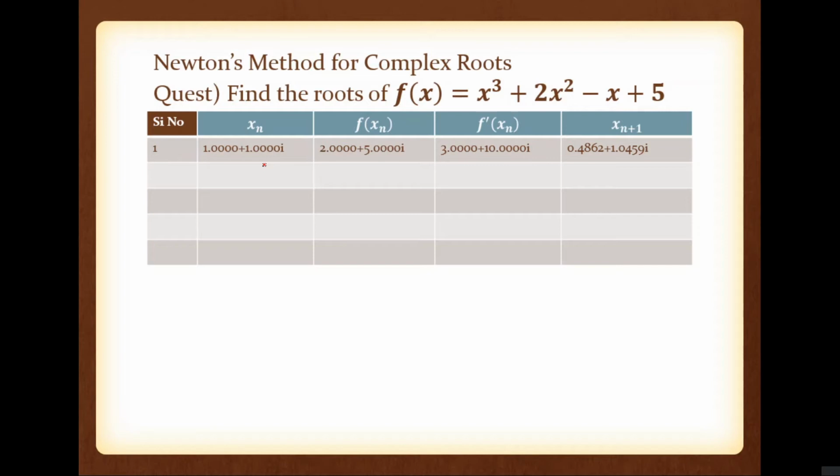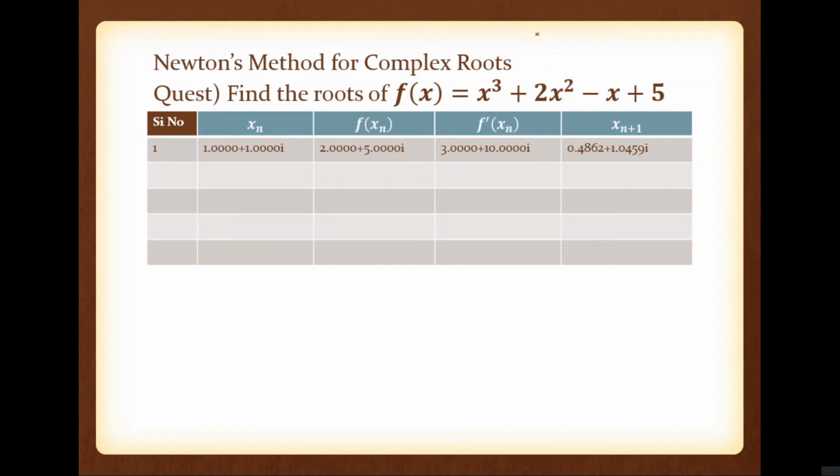Now if you substitute this value into f of x, you can see that this is 2 plus 5j. The only thing is, in the calculator you have to take the complex mode, otherwise you can't solve it. So the value is 2 plus 5j, that is f of x.